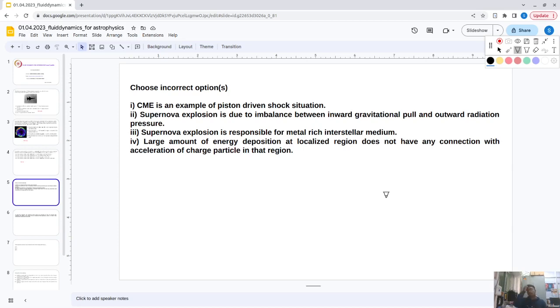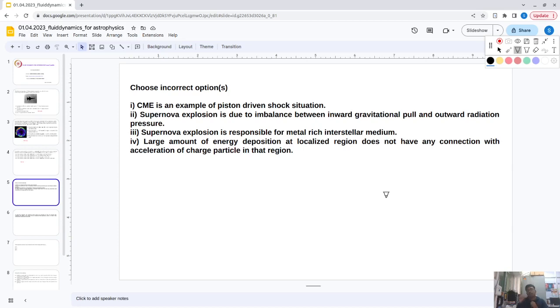Because there is an energy generation mechanism going on at the core of the sun. It is radiating some pressure, and obviously the sun is held like a blob by the inward gravitational pull. But why it is not collapsing is that there is an outward radiation pressure also, and these two things are balancing each other.